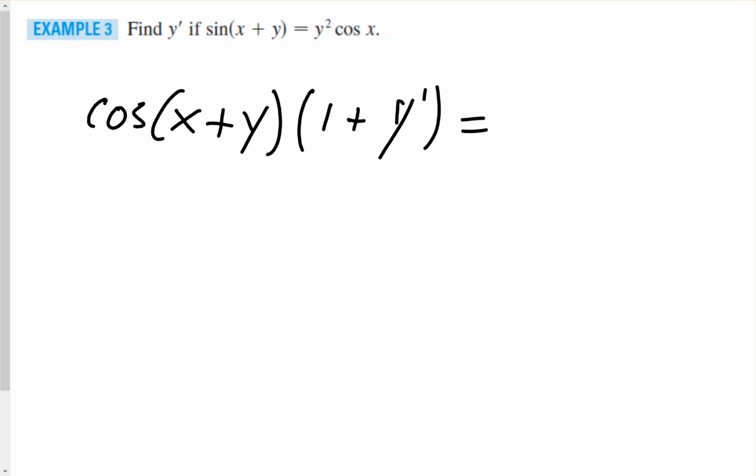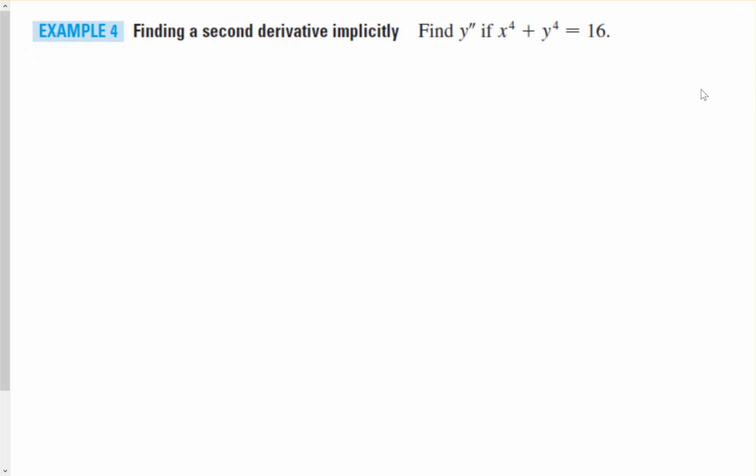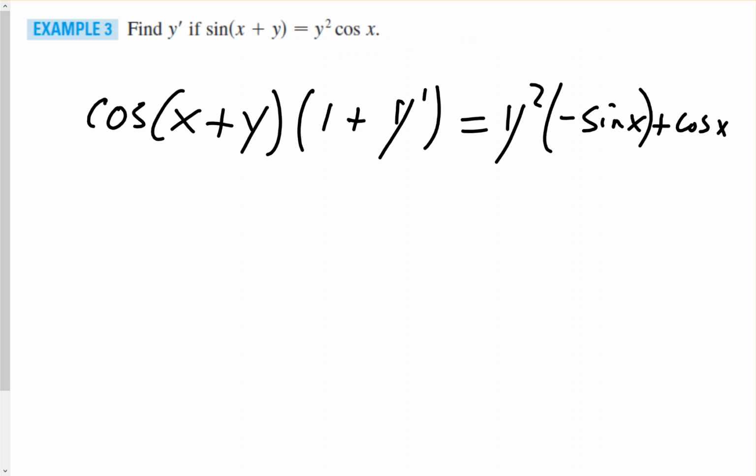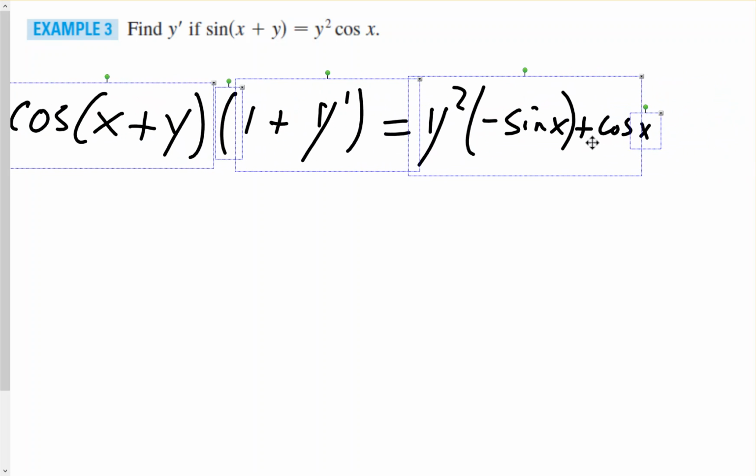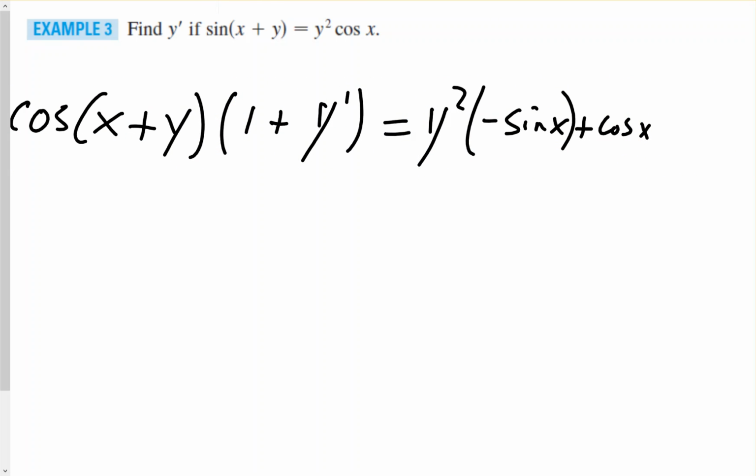On the right side we have a product rule, so we have y squared times derivative of cosine, which is negative sine x, plus cosine x times derivative of y squared, which will be cosine x times 2y times y prime.